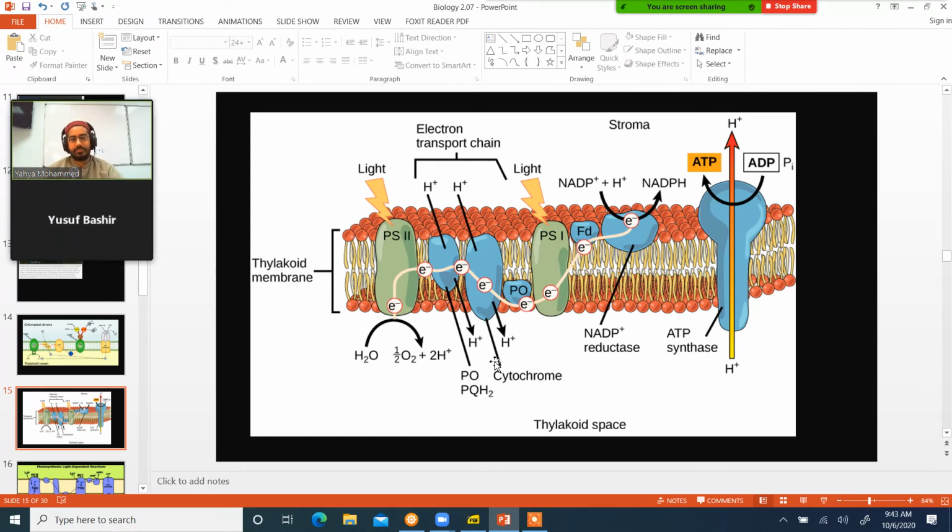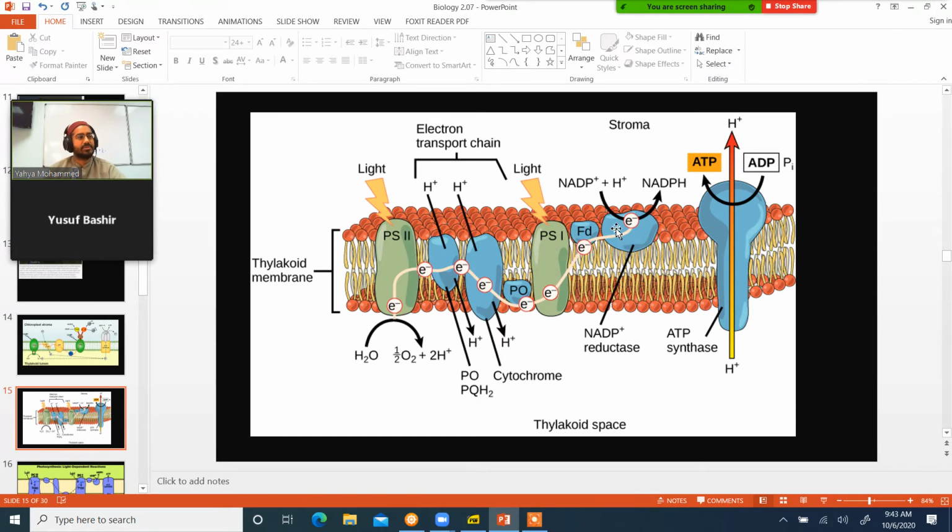But what do the thylakoids themselves do? This membrane is the membrane that's surrounding the thylakoid. So the thylakoid space holds all these hydrogens. But what are the thylakoids responsible for? They're like spaces to hold all these things.